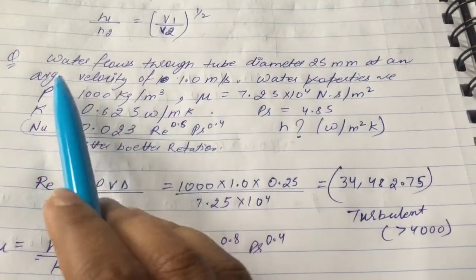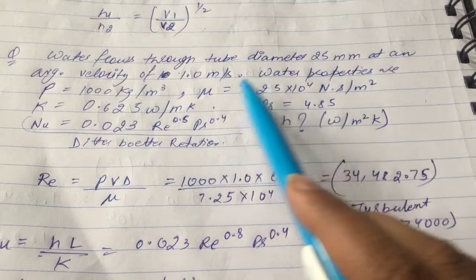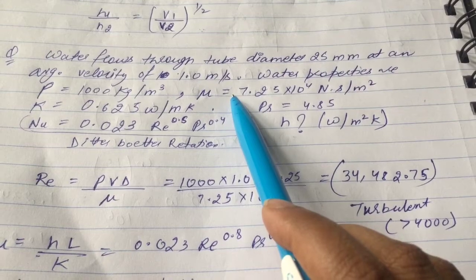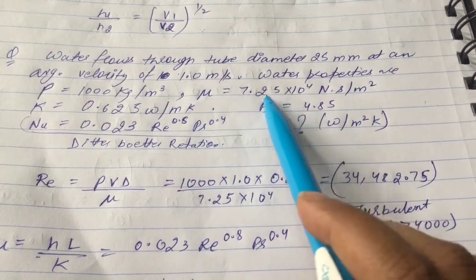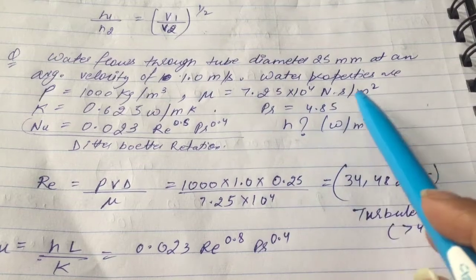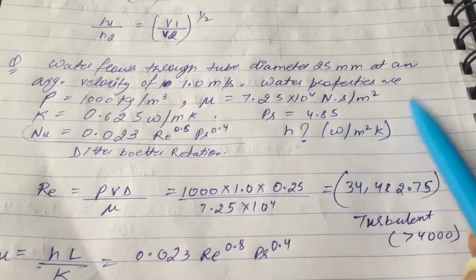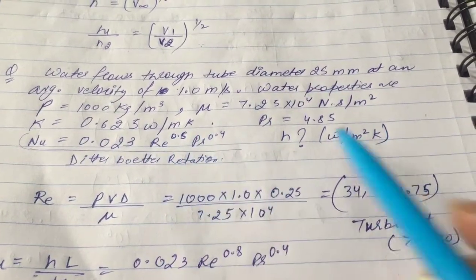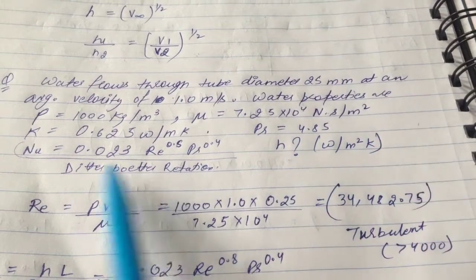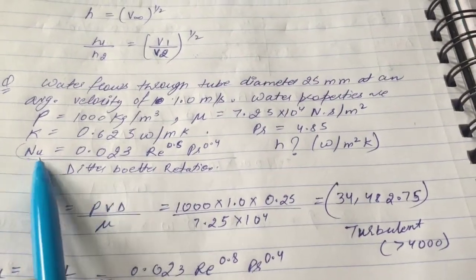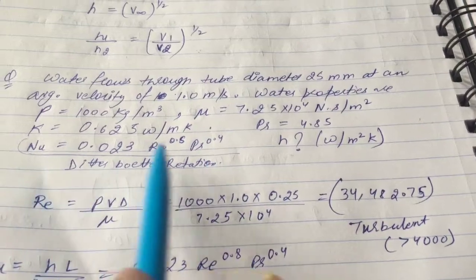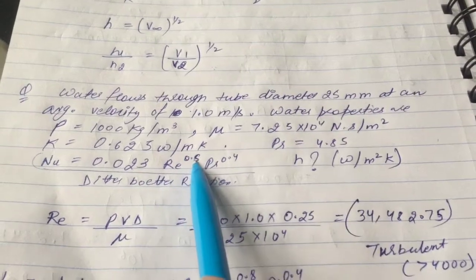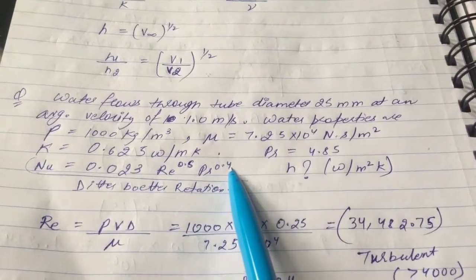Water properties are given as density 1000 kg per meter cube, viscosity mu 7.25 into 10 to the power minus 4 Newton second per meter square, k 0.625 watt per meter Kelvin, and Prandtl number 4.85. The Dittus-Boelter relation is given in the question: Nusselt number is equal to 0.023 Reynolds to the power 0.8 Prandtl to the power 0.4.